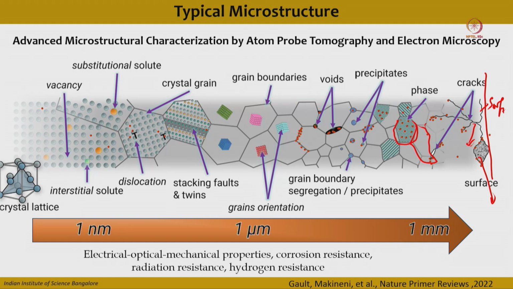The microstructure can also contain voids at the grain boundaries and at the interior of the grains. These grain boundaries are enclosing a particular region. Okay, so this one particular enclosed region, which I am marking at the center, is called a grain. And this grain is nothing but a region with one particular crystallographic orientation, or we may call it a single crystal.